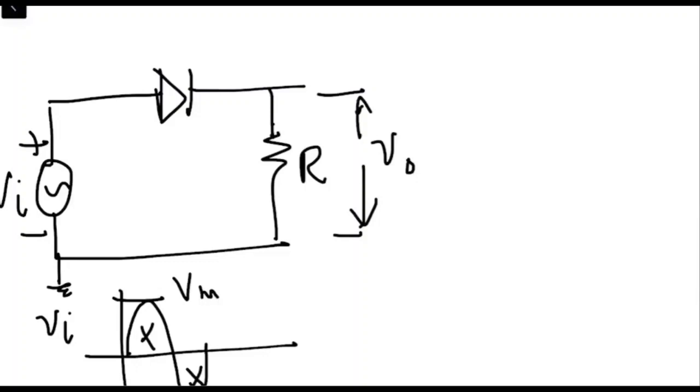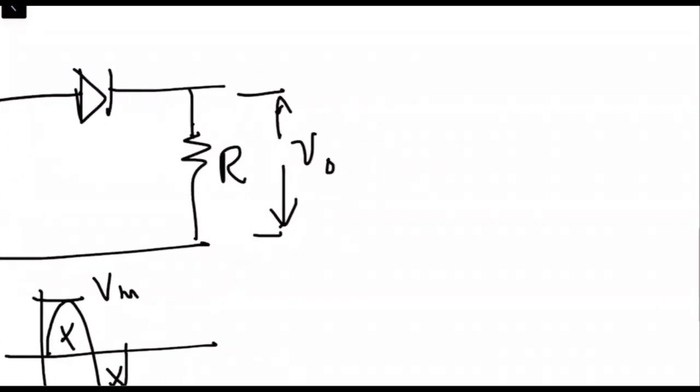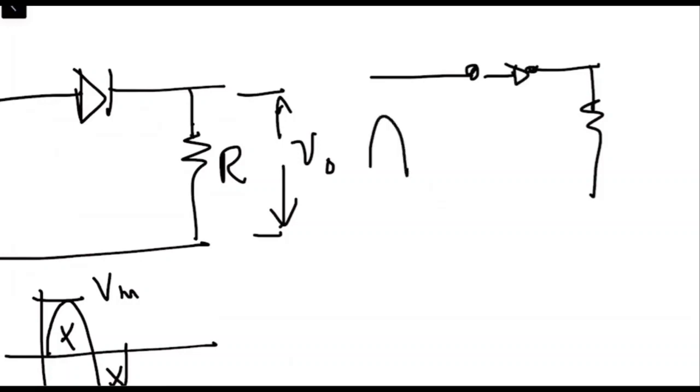So for the positive half cycle, if we consider the diode as an ideal diode, this means we have something like this: the switch is closed, right? And we have the positive half cycle over here.